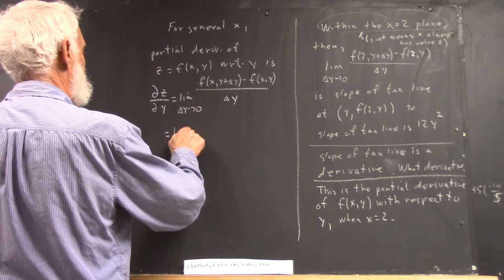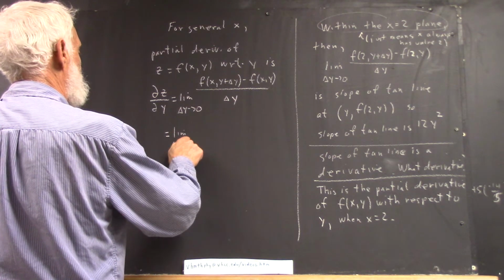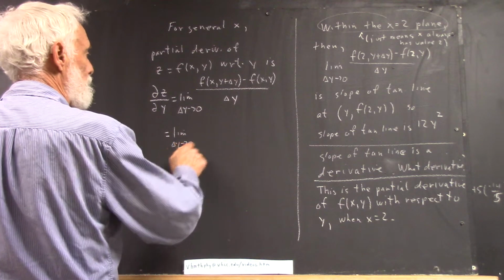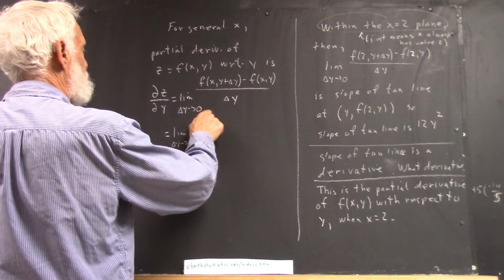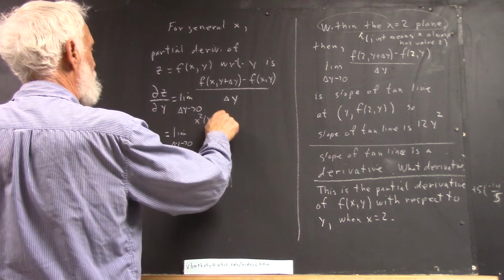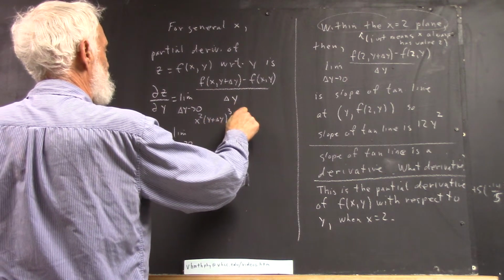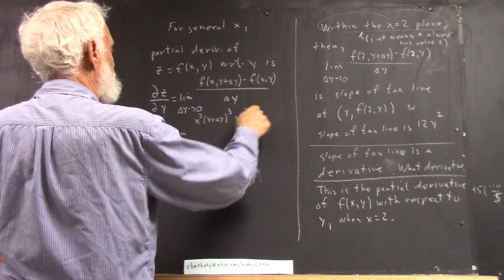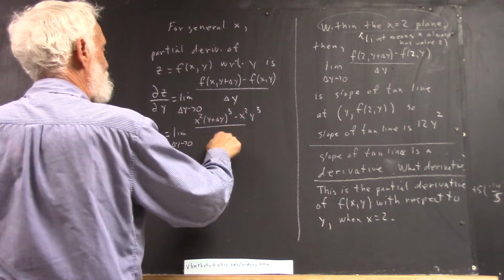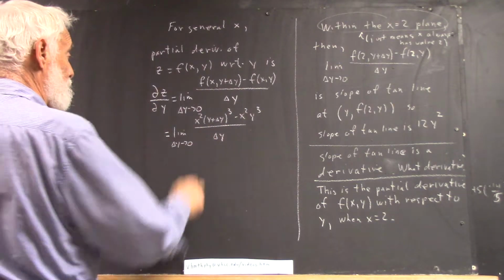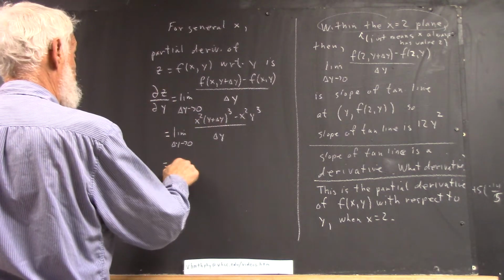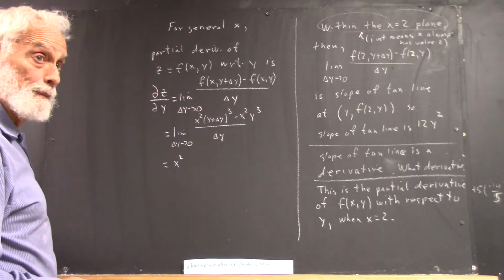So this would be the limit as delta y goes to 0 of x squared times (y plus delta y) cubed minus x squared y cubed, over delta y. Now, x squared doesn't change, so we could just pull that out.